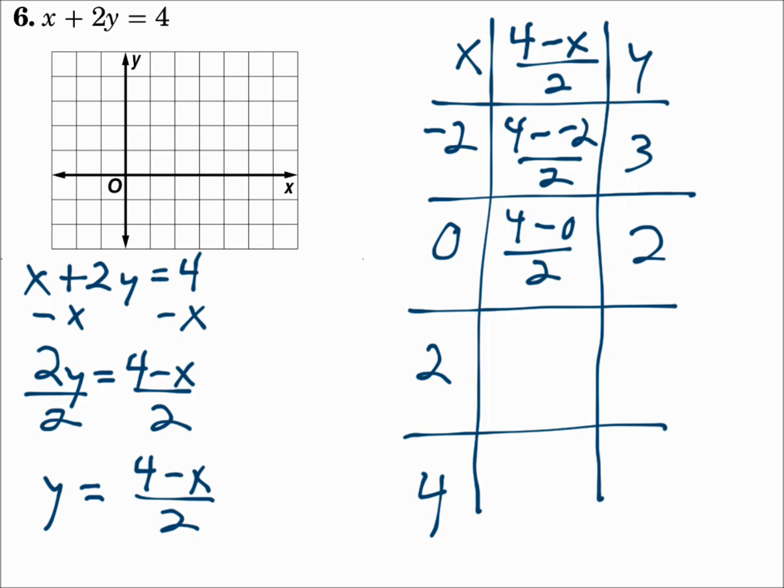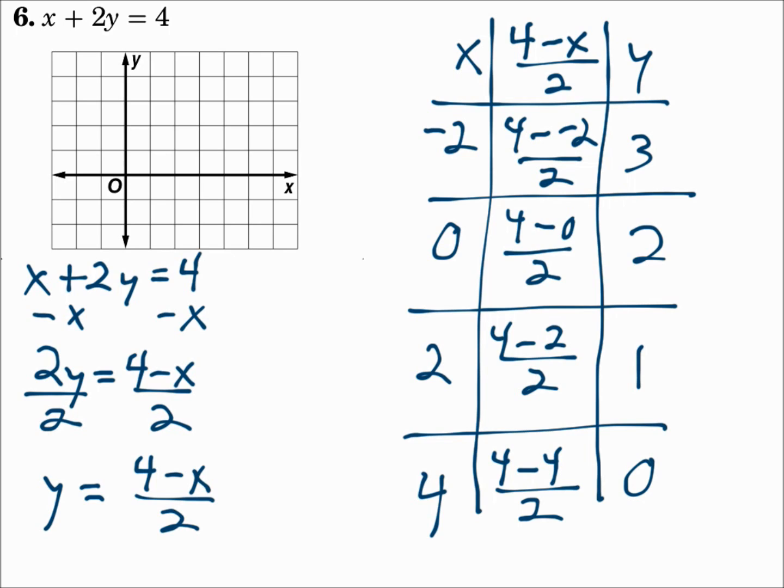When x is 2, 4 minus 2 all over 2. 4 minus 2 is 2, divided by 2 is 1. And when x is 4, it's 4 minus 4, divided by 2. 4 minus 4 is 0. 0 divided by 2 is 0. And now I can plot those points.